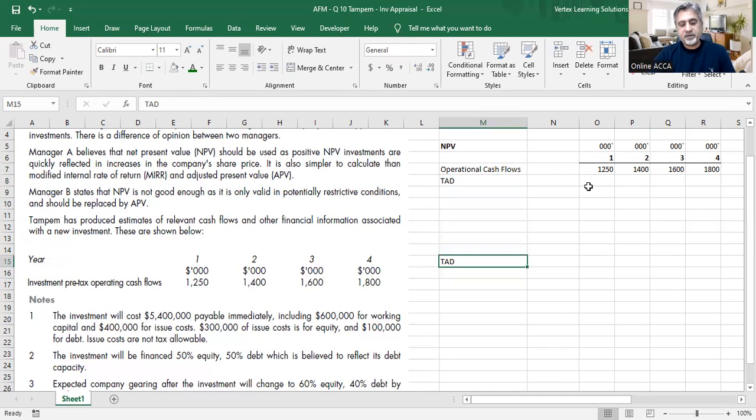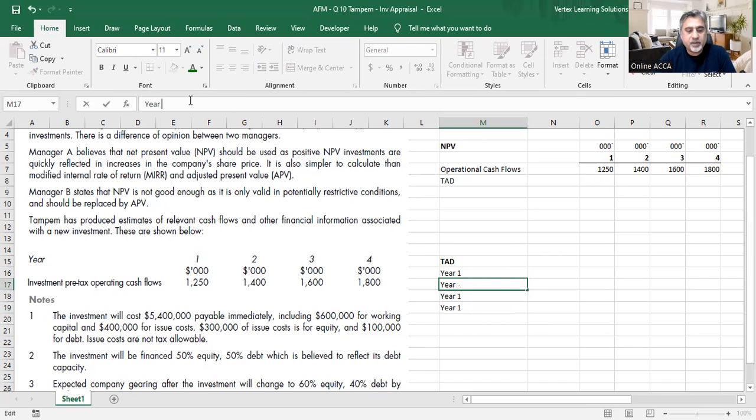So we need to make our TAD. Opening value in year 1, and how much depreciation you can show in year 1, year 2. It is important to remember that your total investment value is 5.4 million.